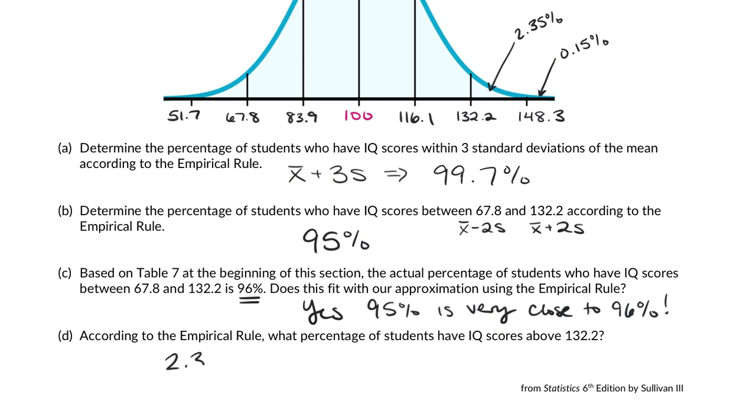So 2.35% from the space between 2 standard deviations and 3 standard deviations, and 0.15% for the little space above 3 standard deviations would give us a total of 2.5% of students who will probably have an IQ score above 132.2 at University A.